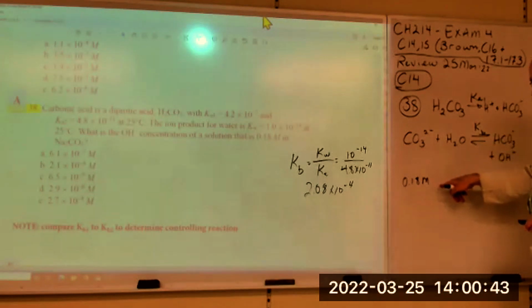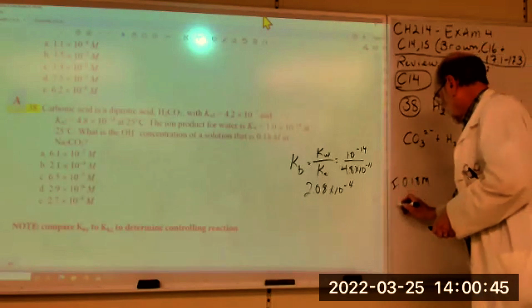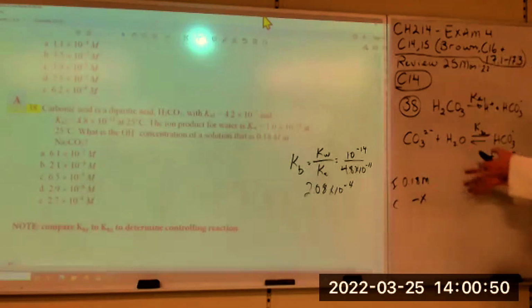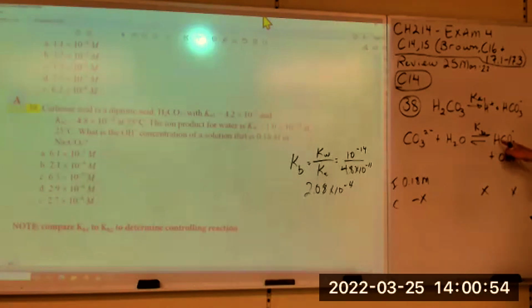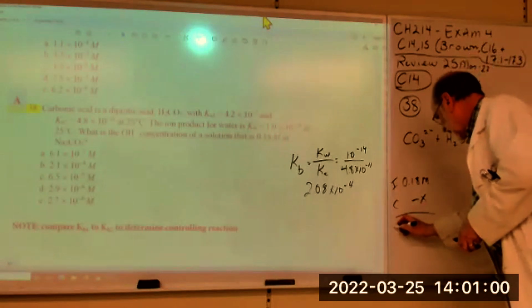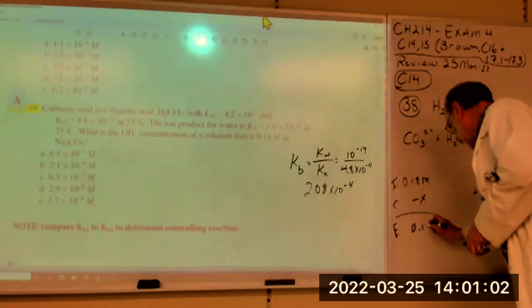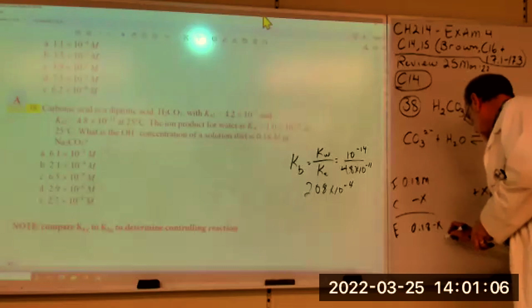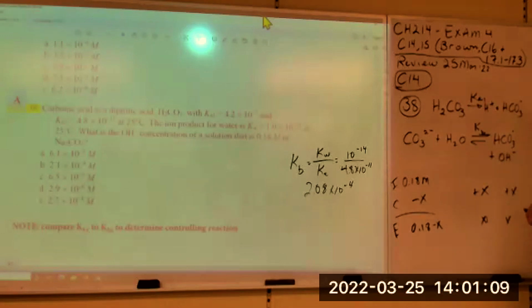Well, this is initial, this is change. It's going to lose some, and it's going to produce some of that, some of this. So at equilibrium, we're going to have 0.18 minus X, and then X, and then X.